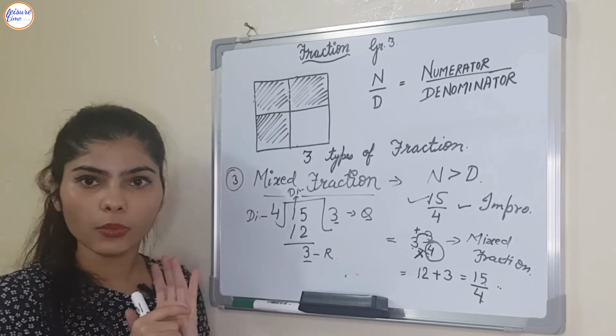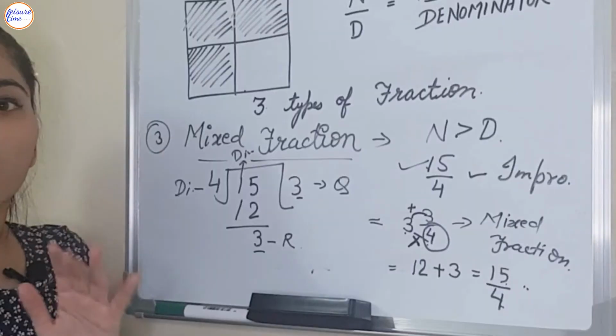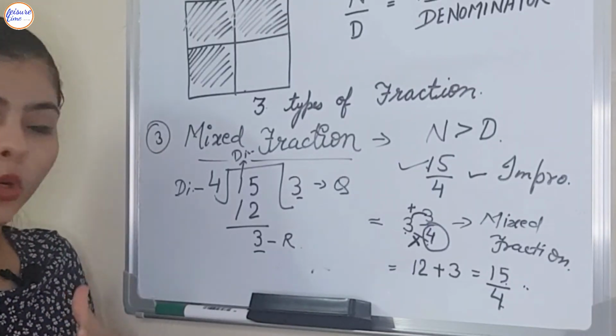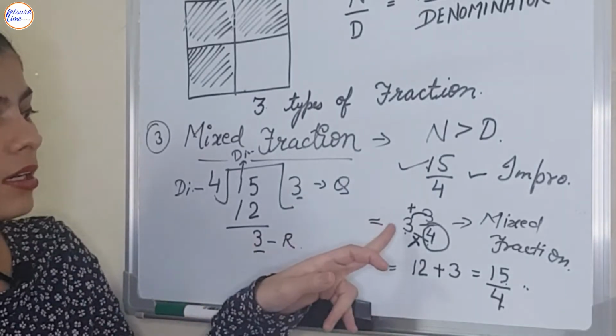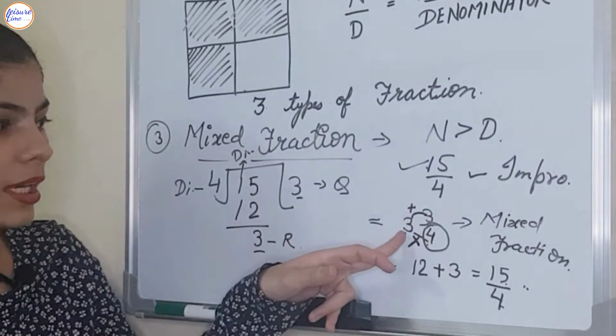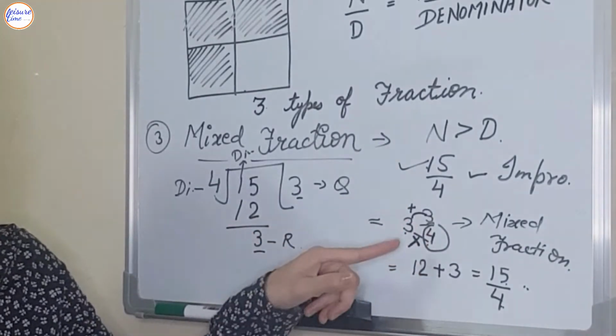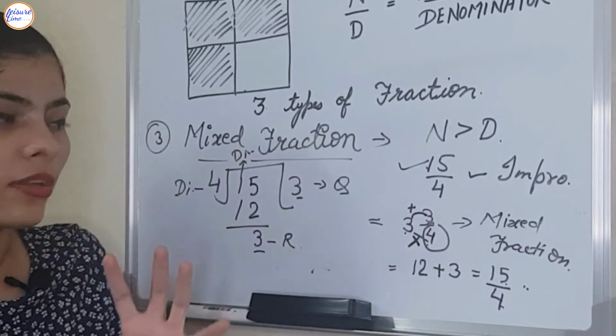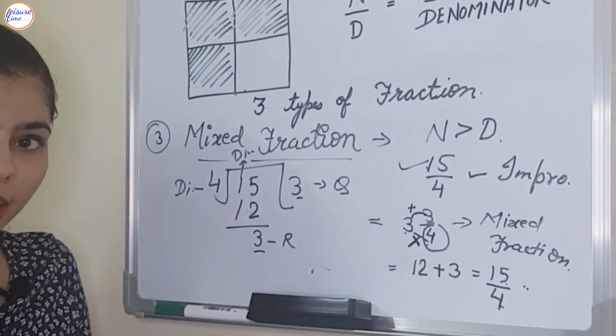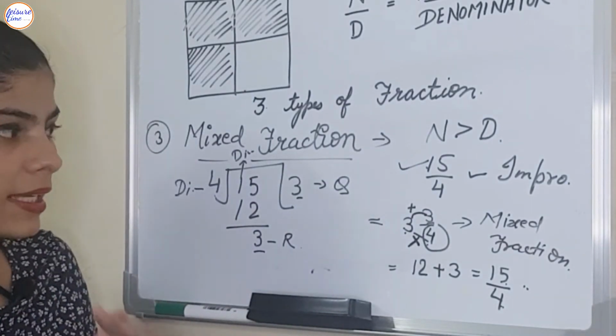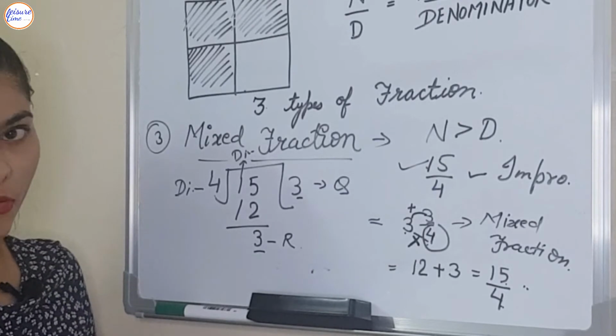Now the third one is mixed fraction. How will you know the mixed fraction? Where you can see the proper fraction as well as improper. But only you can find the mixed fraction after dividing the improper fraction. So you will get the mixed fraction easily.